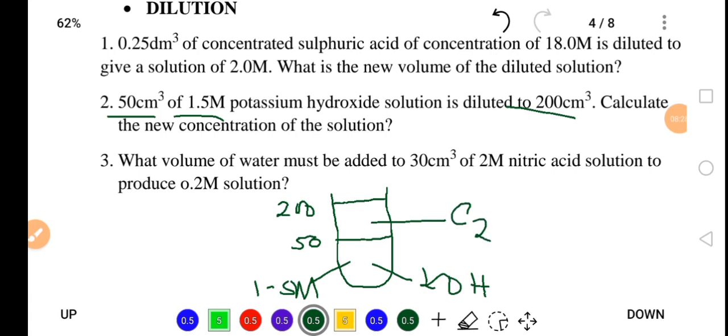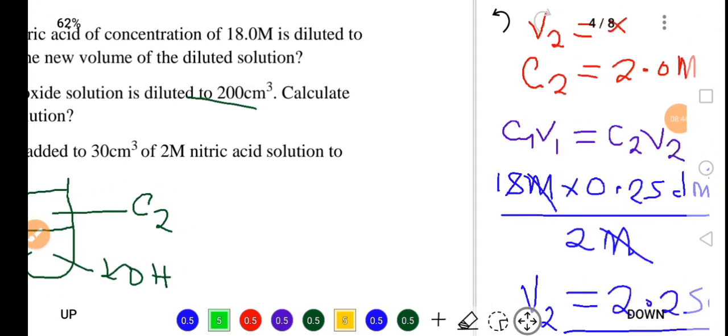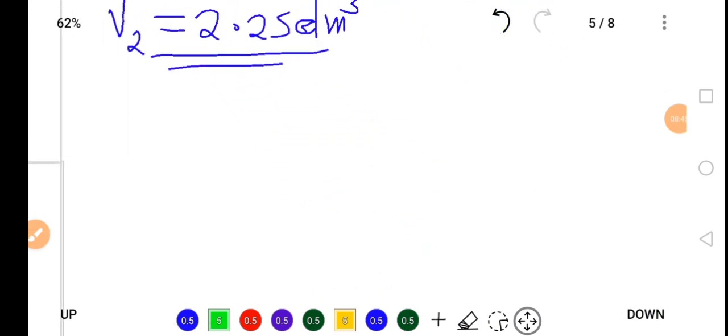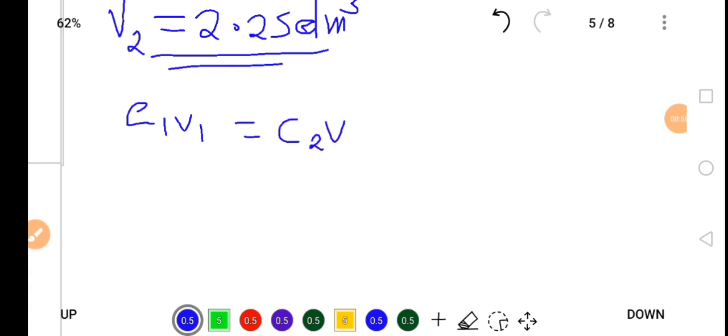Concentration 2, we don't know. So this is the thinking. Okay. We go to the whiteboard. Again, we are going to say C1V1 equals C2V2.